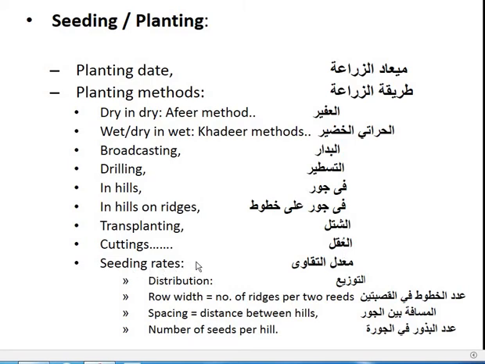Seed rates and seed rate distribution. Row width, which is the number of ridges per 2 reeds. We know that a reed is 3.5 meters, so 2 reeds means 7 meters.